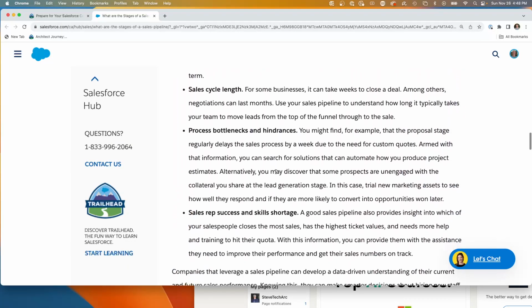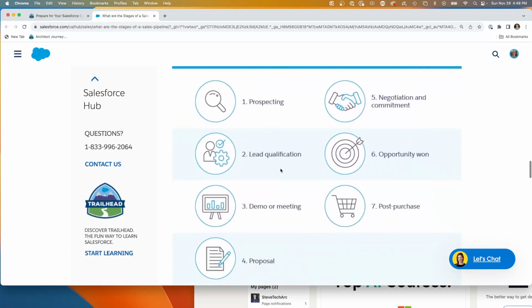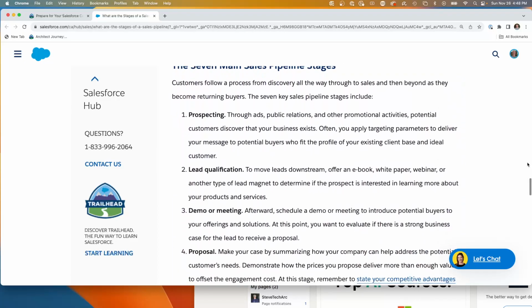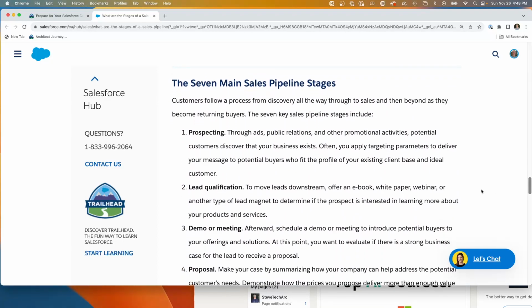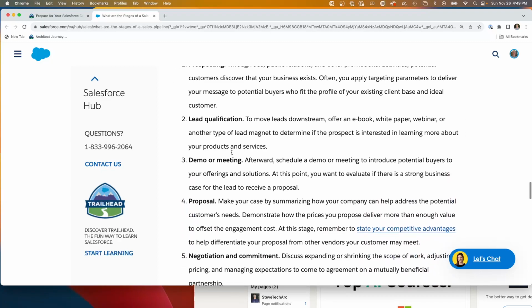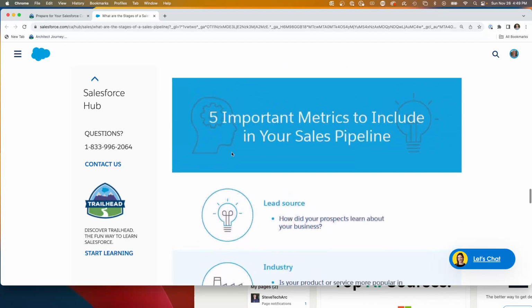Anticipate sales cycle bottlenecks, and then know the prospecting, lead qualification, demos, proposals, negotiations, and then the win, and then the post-purchase, which I also thought was very helpful. So know your different sales pipeline stages. Now, there could be modifications for specific customers, but these are great categories to know over the top of your head: lead qualification, demo, proposals. I think this was very helpful.